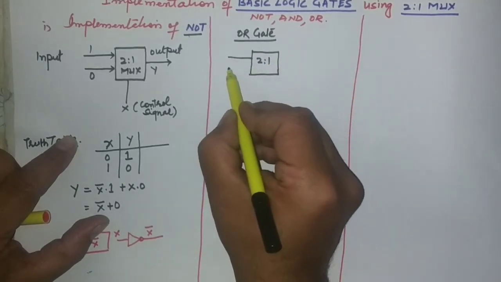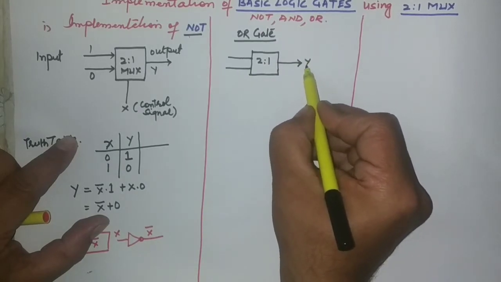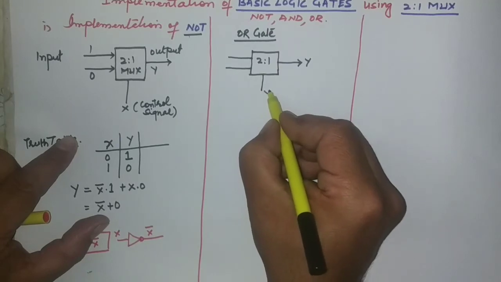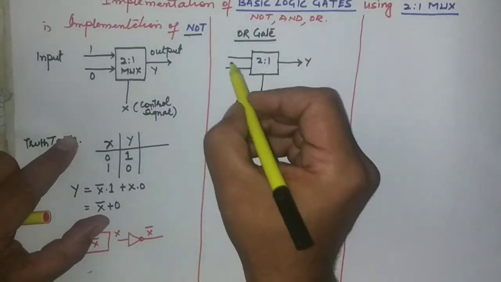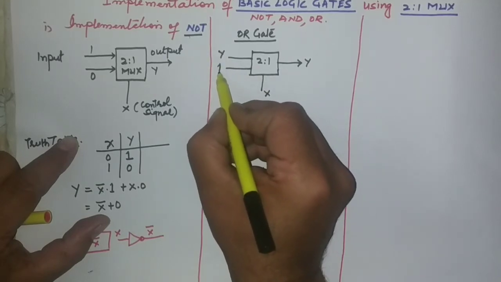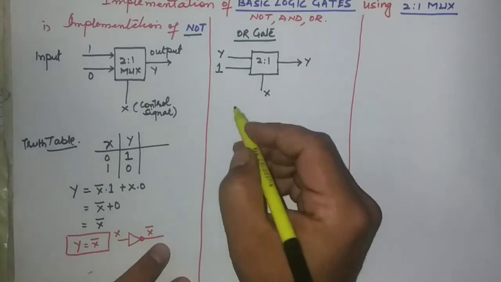Again, two inputs, same way, one output Y, and this is a control signal X. Now the inputs we are taking as Y and 1. So this is the block diagram.